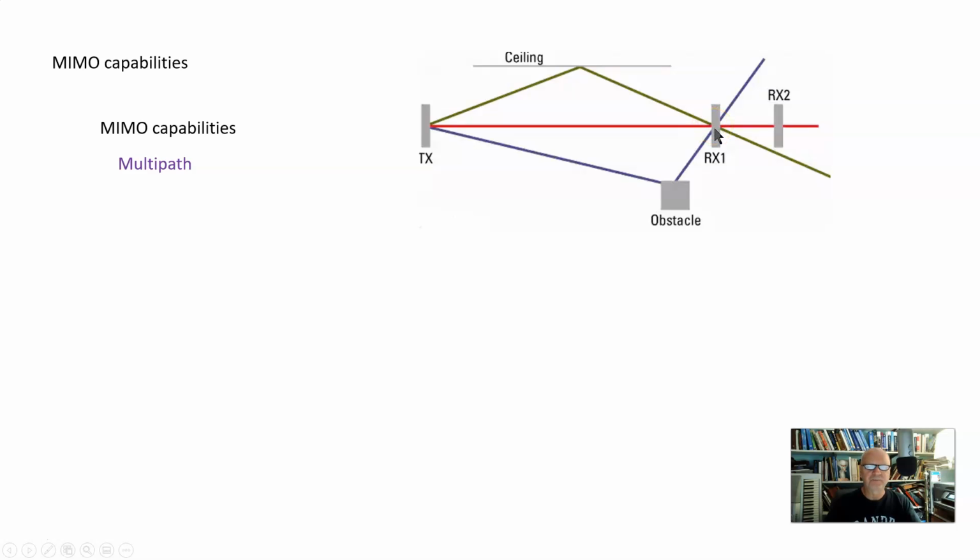So what MIMO can do by having multiple antennas, it can intercept these differently, just like your ears can make out where something is because the sound arrives at one ear earlier than it arrives at the other ear. Or your eyes can make out the depth of something because light arrives at different times, or at a different angle, from one as the other.